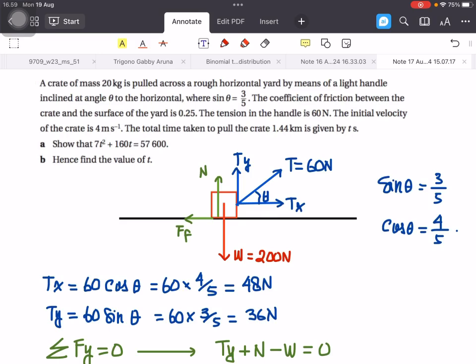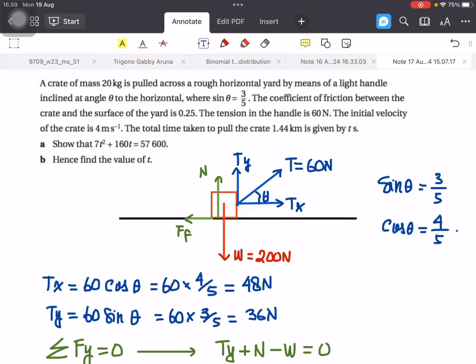Now let's apply the concept of resolving forces on this problem. A crate of mass 20 kg is pulled across a rough horizontal yard by means of a light handle inclined at an angle theta to the horizontal, where sine theta is equal to 3 over 5. The coefficient of friction between the crate and the surface of the yard is 0.25.